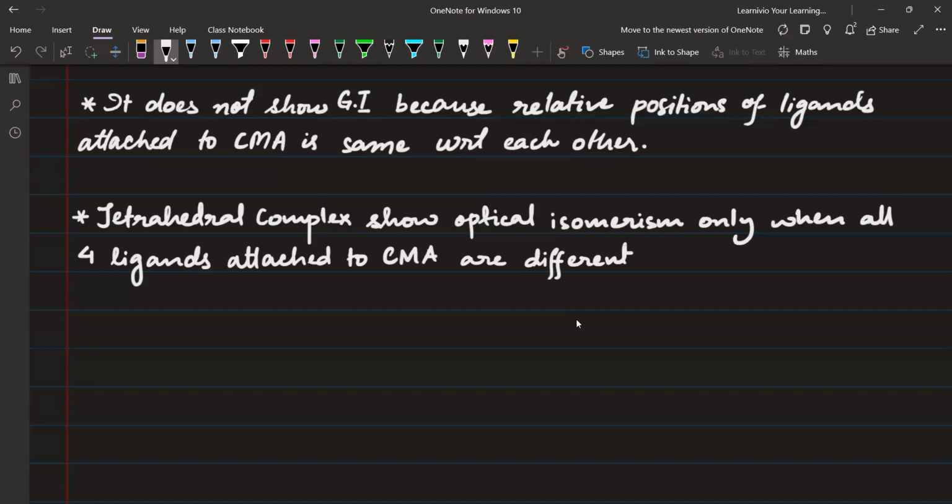And we have also seen this case in alkyl halides. If a carbon atom has four different groups attached to it, then it is going to show optical isomers, right? Yes, remember? And those optical isomers are known as enantiomers.